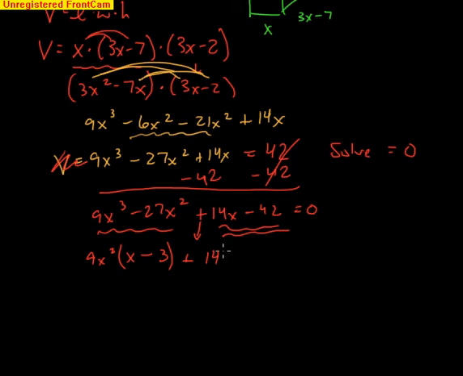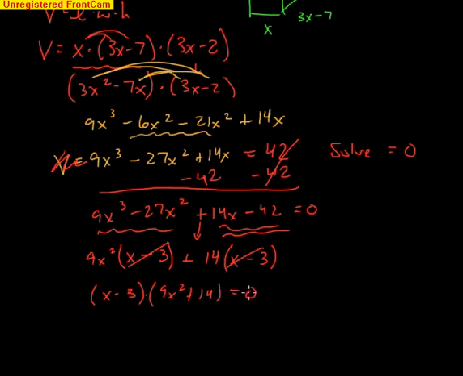Bring down the plus. 14x and 42. 14 actually goes into 42, so pull the 14 out. X and 42 divided by 14 is 3. There we go. That's what I wanted, that repeating factor of x minus 3. Pull it out in front. 9x squared plus 14 is what's left over.